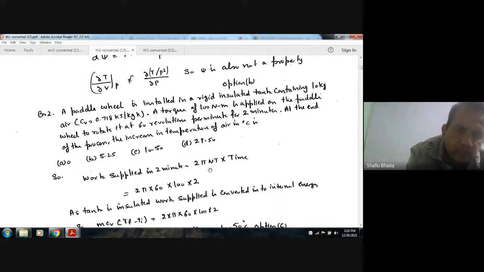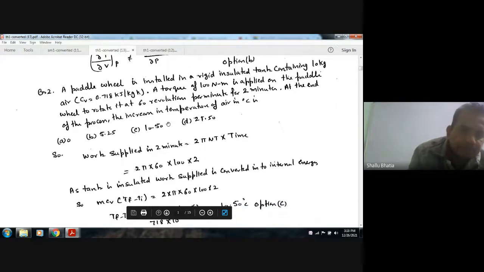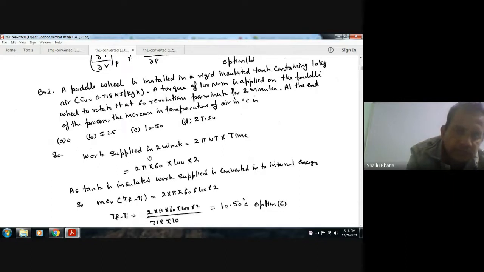So it will be 2π N T into time: 2π into 60 into 100 into 2. That is the work done by the paddle wheel. So now we have the work done.